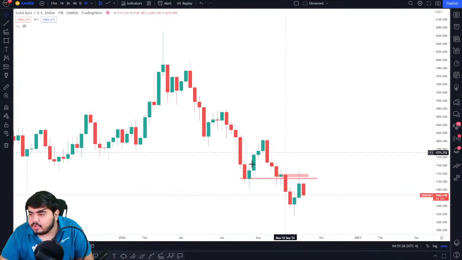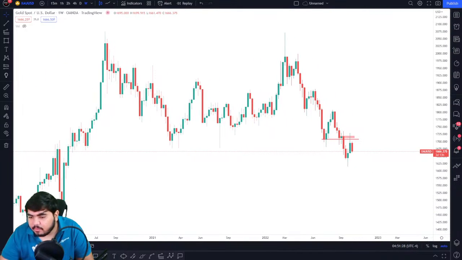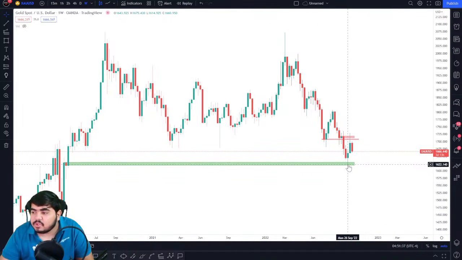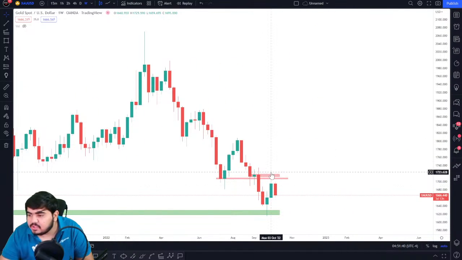So these are two key levels of resistance. Now we have a bullish order block right here on the bottom that market has already traded off of. Market has already reacted to this order block, and then it tested this resistance area.